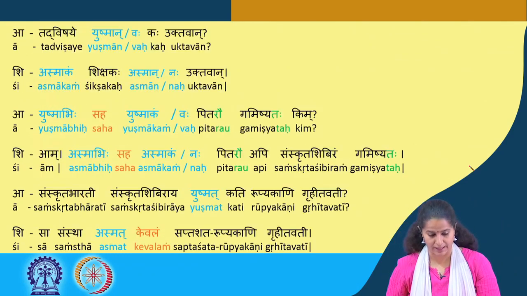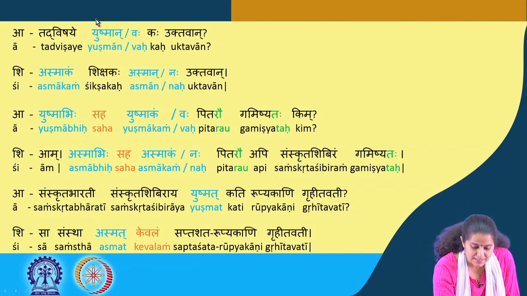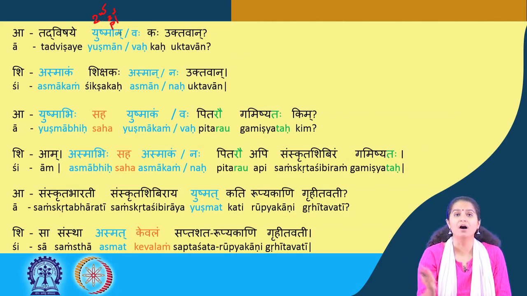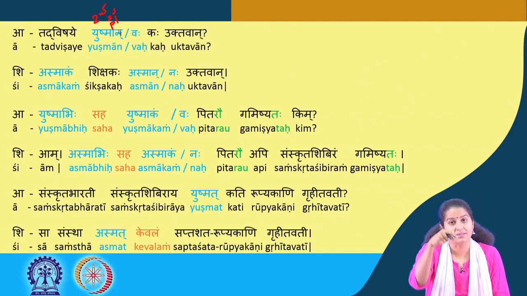So we have the seventh case there. Next, tad vishaye yushman. Yushman, or vaha, is the second case for the second person plural. Yushman kaha uktavan? Who told you about that, tad vishaye?